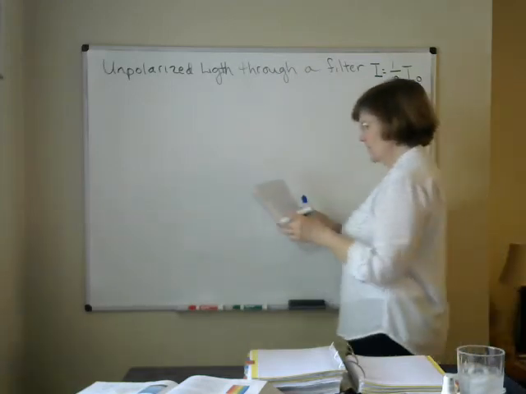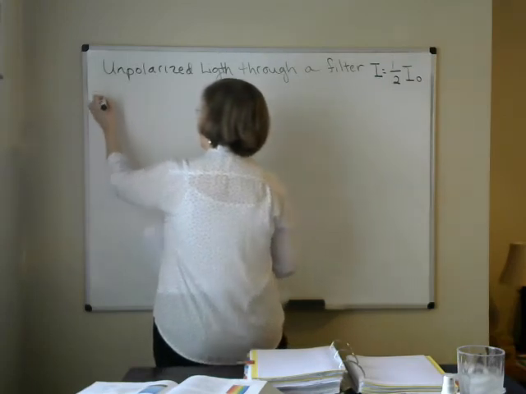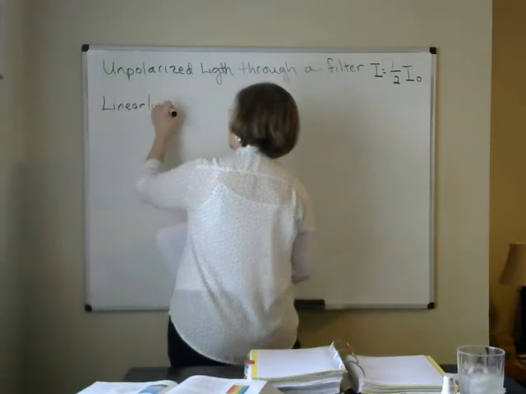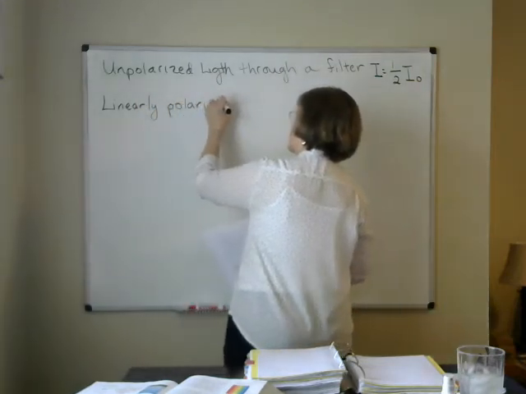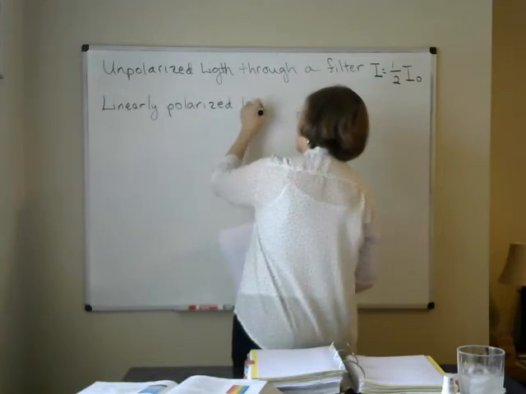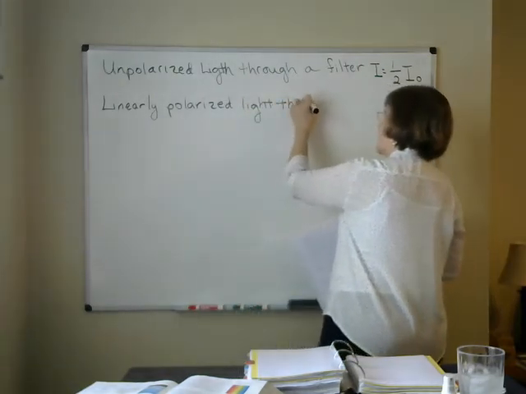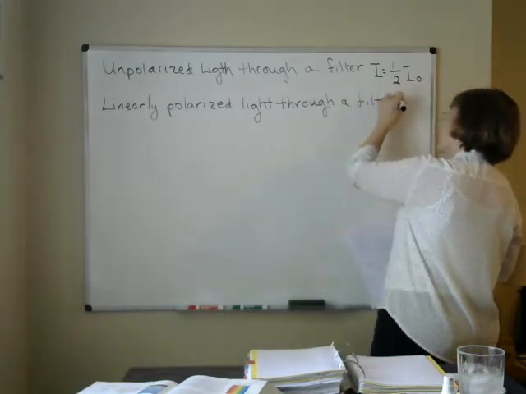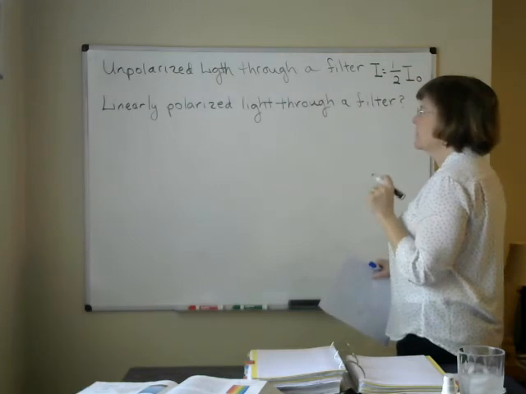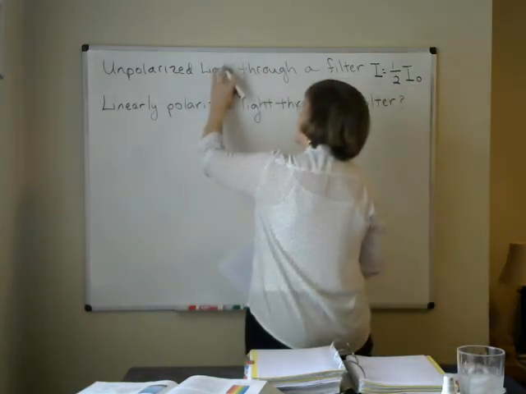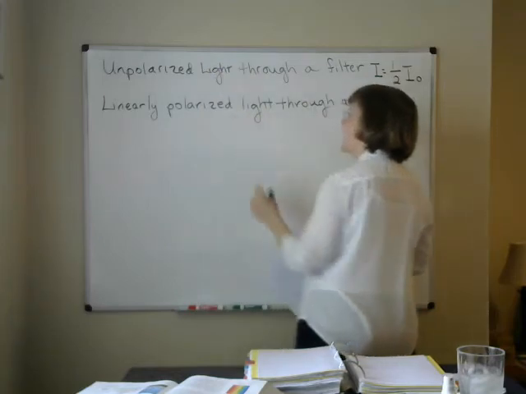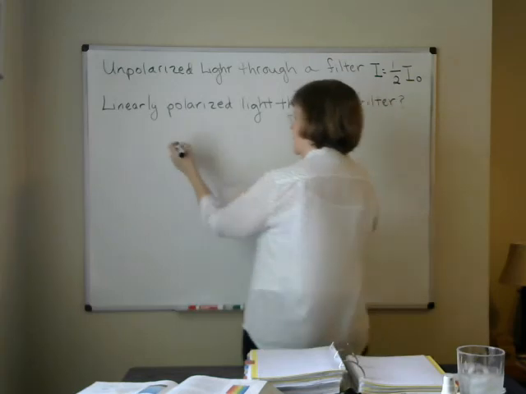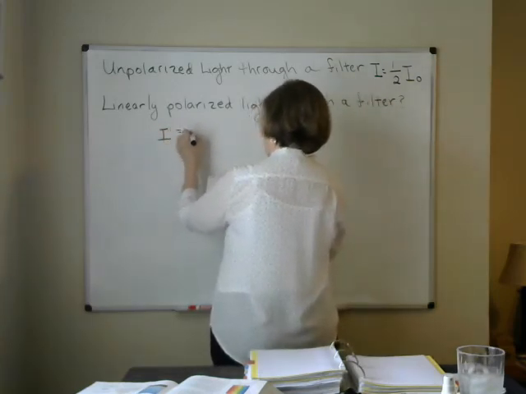The other thing that we want to understand is what happens if we have linearly polarized light through a filter. If I have light that's already been polarized and I filter it through a polarizing filter, then I'm going to get this much through.